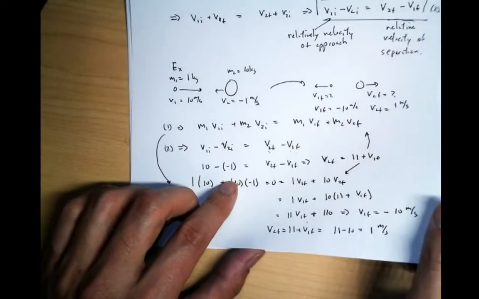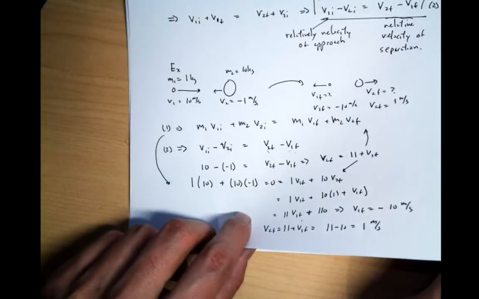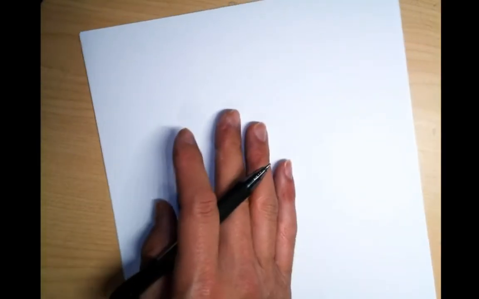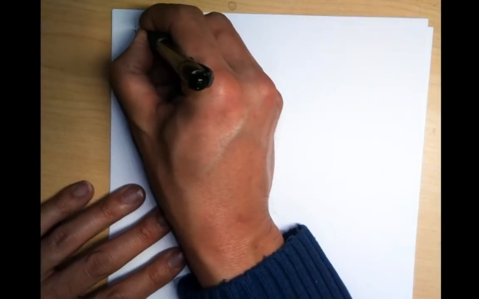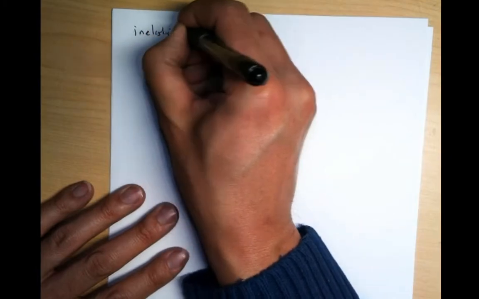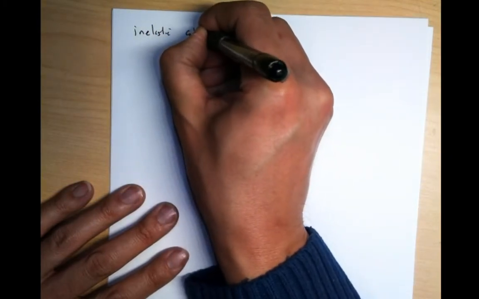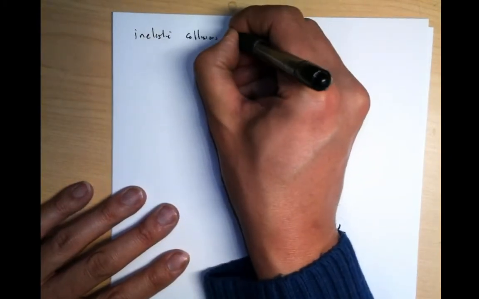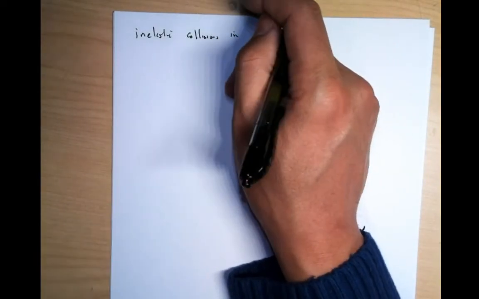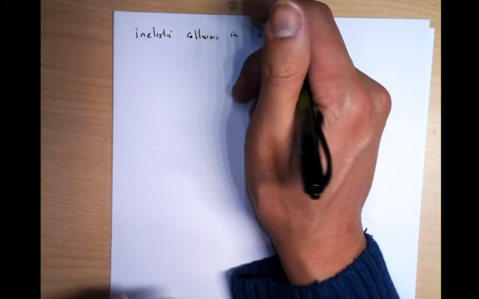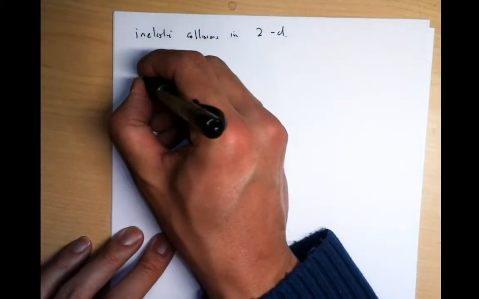Now that we've done a little bit of 1D collisions, let's look at multi-dimensional collisions: inelastic collisions in 2D. Let's make this model.